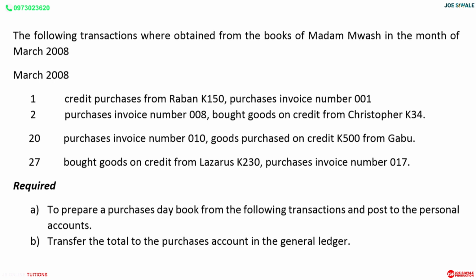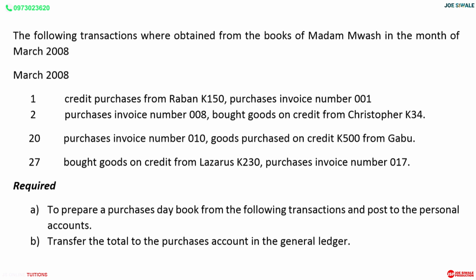On the 1st of March, credit purchases from Laban amounting to 150 kwacha, purchases invoice number 001. Then on the 2nd of March, purchases invoice number 008, bought goods on credit from Christopher amounting to 34 kwacha. Then on the 20th of March, purchases invoice number 010, goods purchased on credit amounting to 500 kwacha from Gabo.